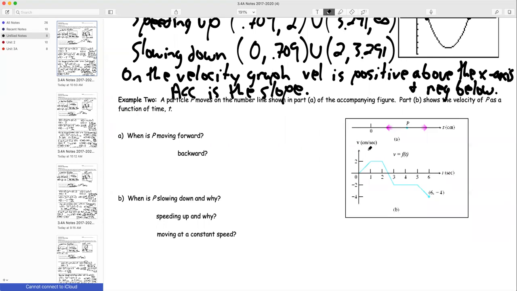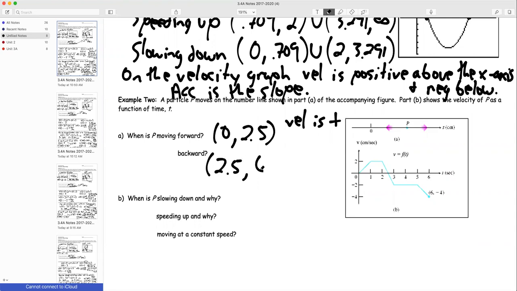It's going to have a positive velocity when it is above the x-axis. So from 0 to 2.5, velocity is positive. It is moving backwards when the velocity is negative, so 2.5 to 6.